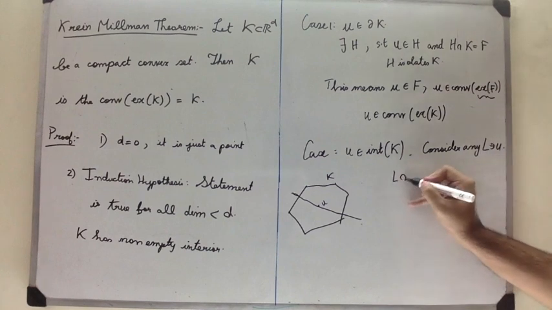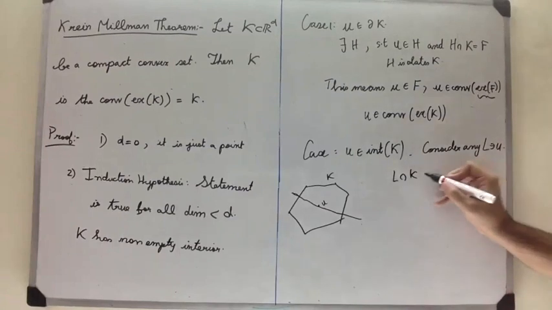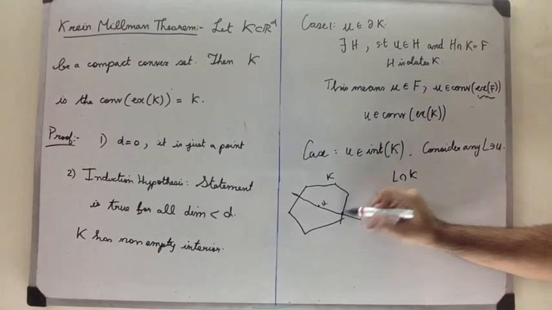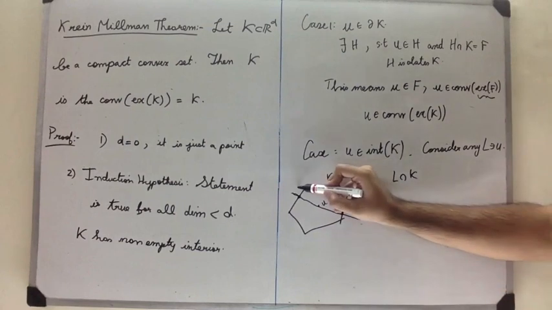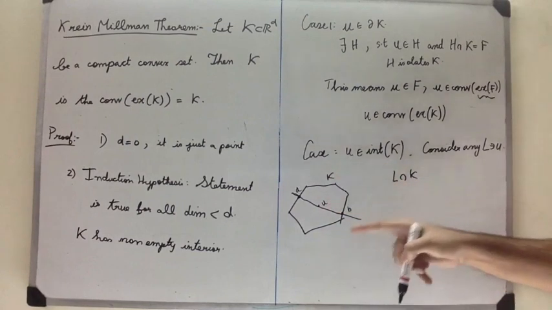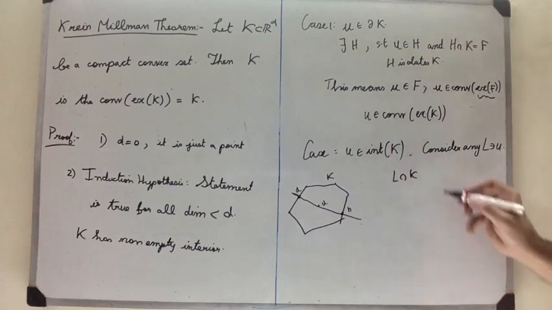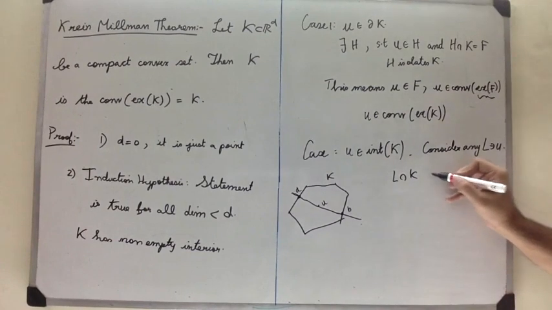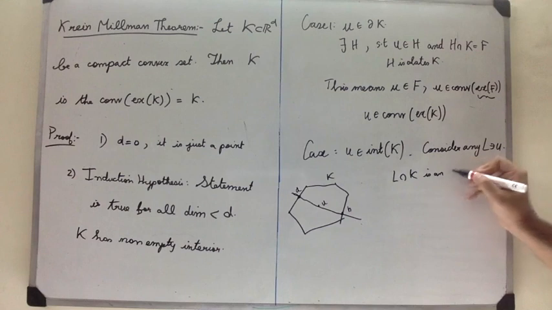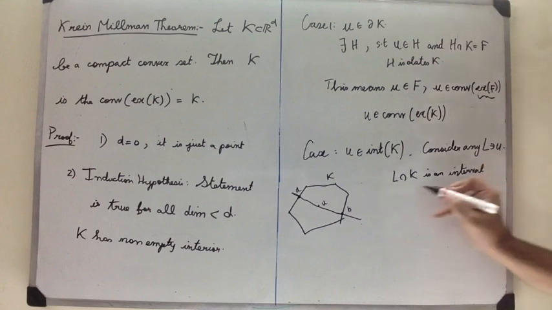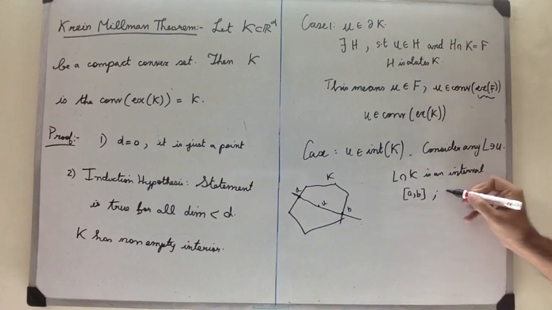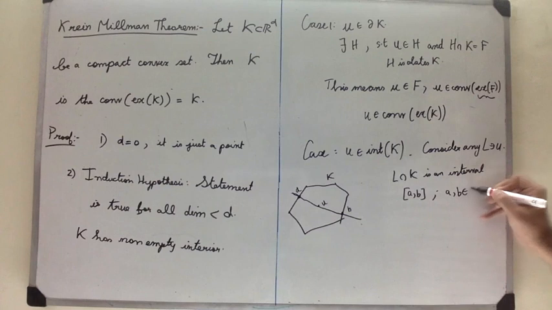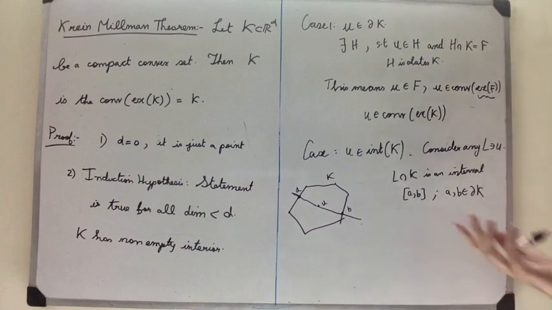Then L intersecting K must be an interval, and its endpoints must lie on the boundary, as you can easily see from this figure. This interval a, b is such that a and b both lie in the boundary of K. This is very easy to see.